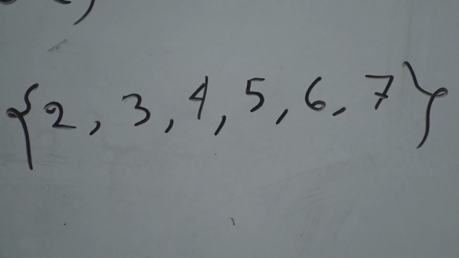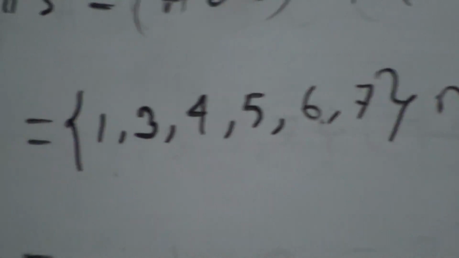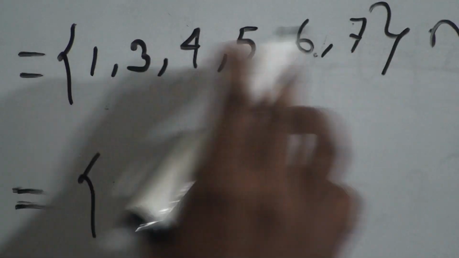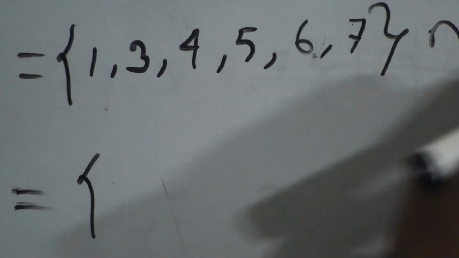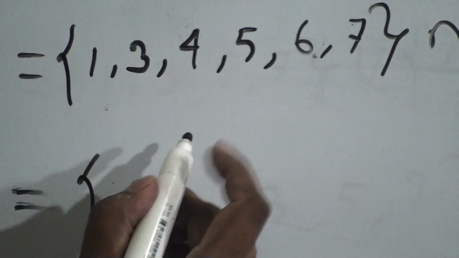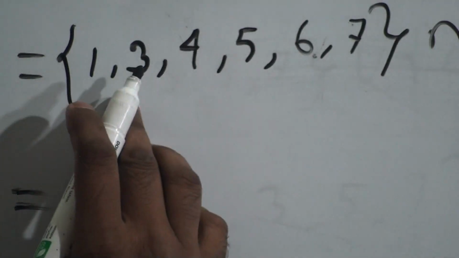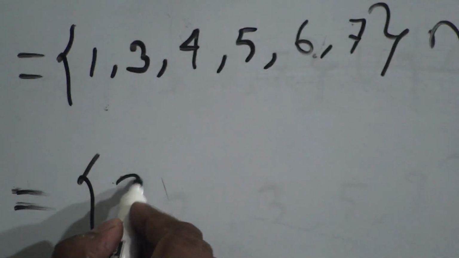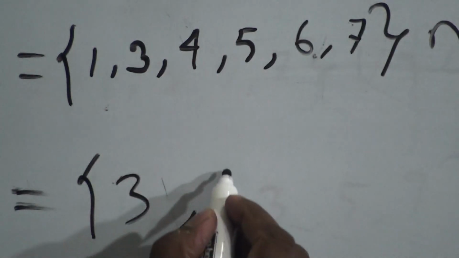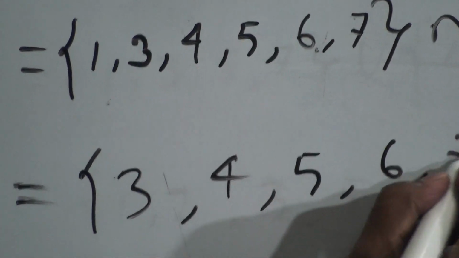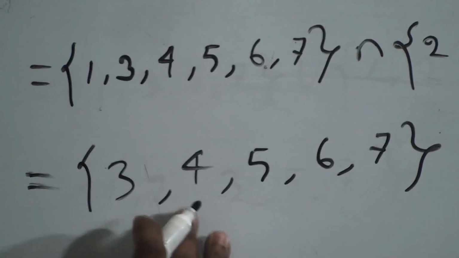Now intersection sign exists here, so the elements which exist in this set and this set will come. That means 1 exists in first set but does not exist in second set, so 1 will not come. 3 exists in this set and this set, so 3 will come. 4 also exists in these two sets, so 4 also comes, 5 also comes, 6 also comes, and 7 also comes. 3 4 5 6 7.